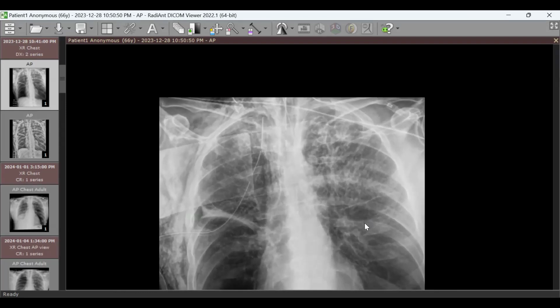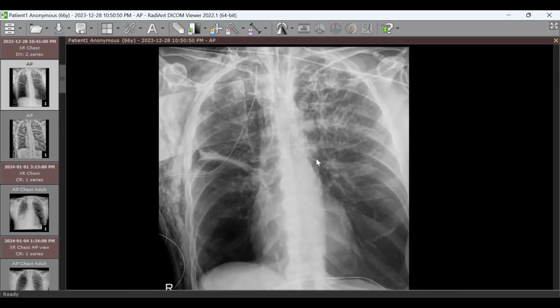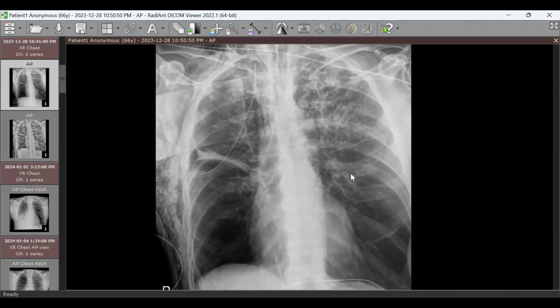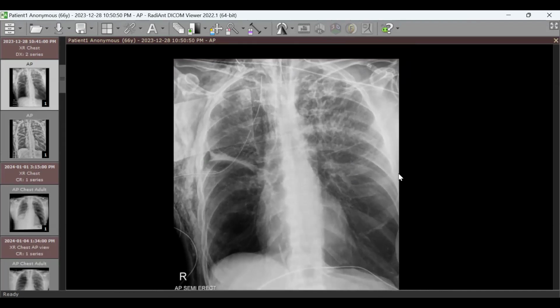So now, what other line or tube can you see here? I see there's also a central line, could be the NG tube. You can track it here. I follow it to the tip in the stomach, at the opening of the gastroesophageal junction. Great.